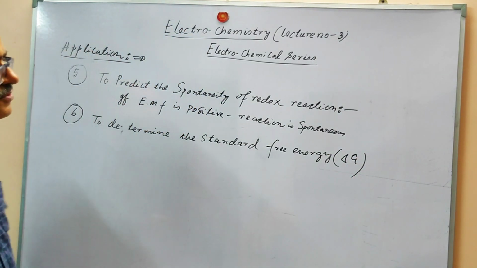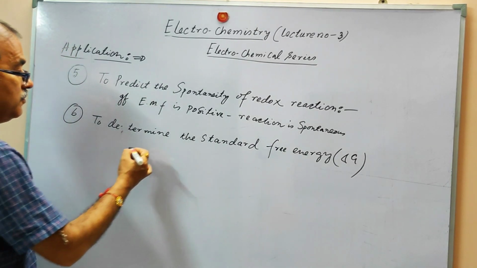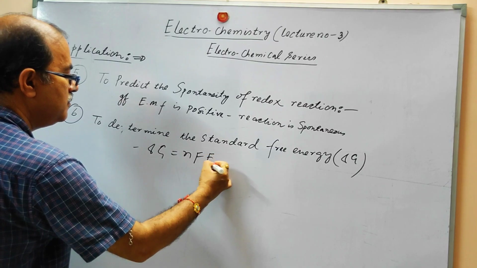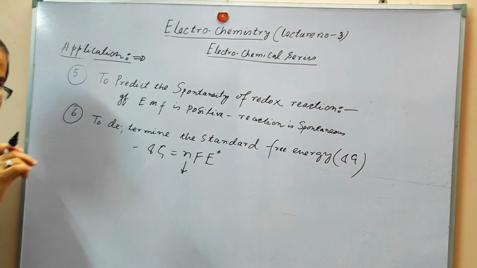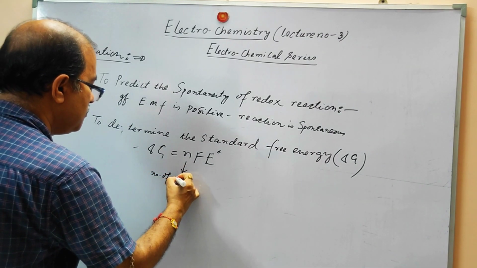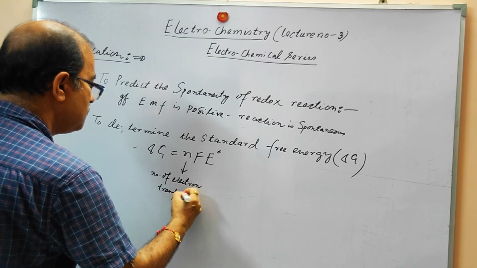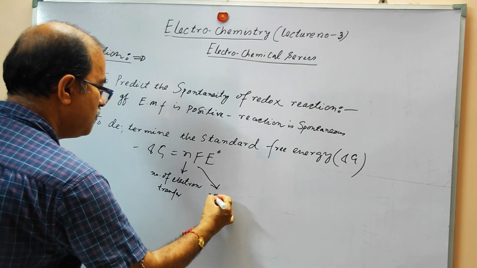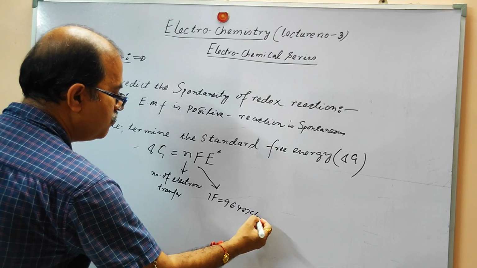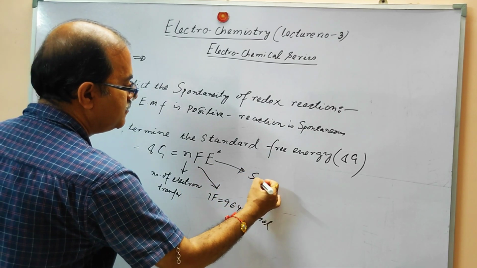From the standard electrode potential, we can understand the free energy from this formula: del G is equal to minus nFE, where n is the number of electrons transferred in the redox reaction, F is 1 Faraday, which means 96487 coulomb per mole, and E is the standard cell potential.